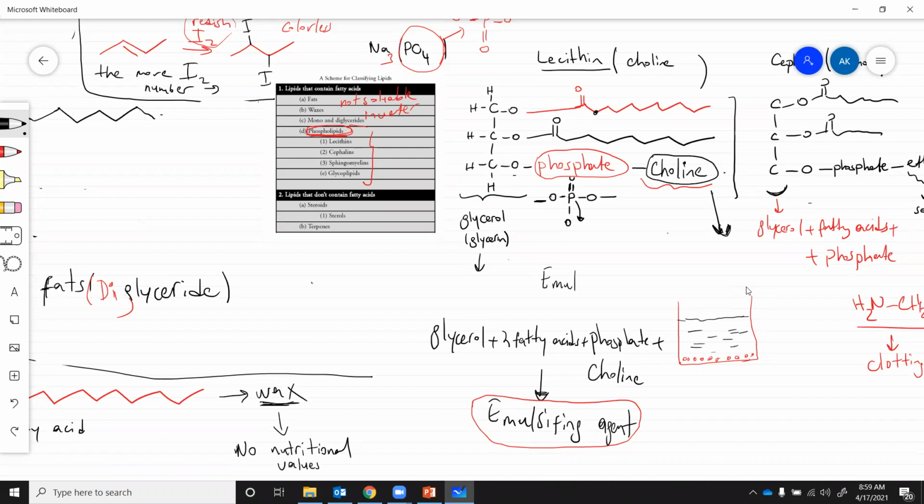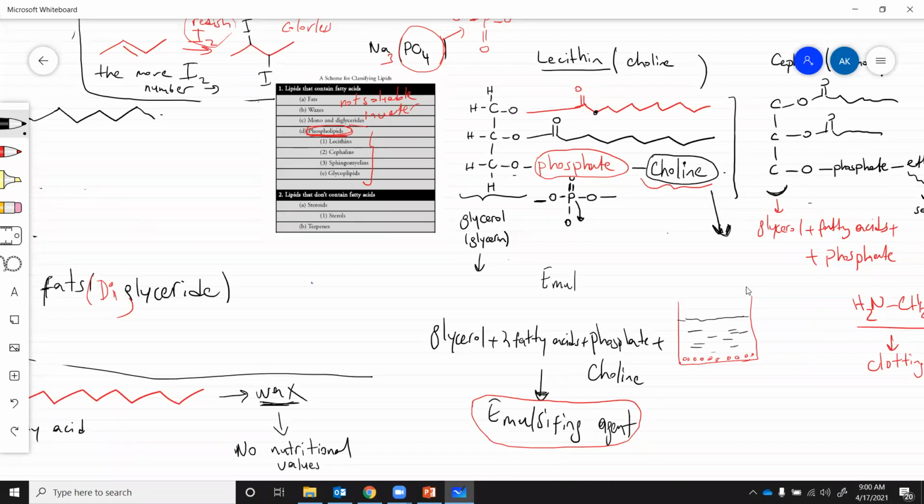But imagine if you don't use any emulsifying agent, because those things we call emulsions, right? What is an emulsion? It's not 100% dissolved, so you will see them on the bottom of the bottle if you don't use any emulsifying agent.